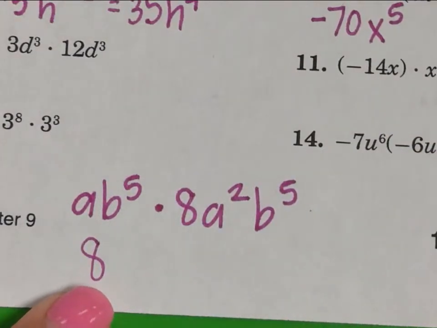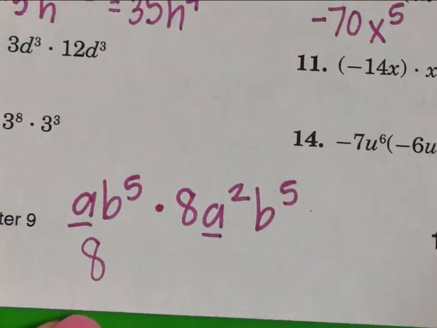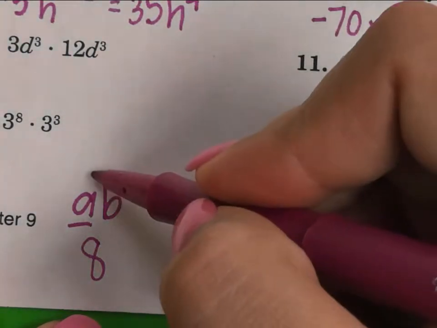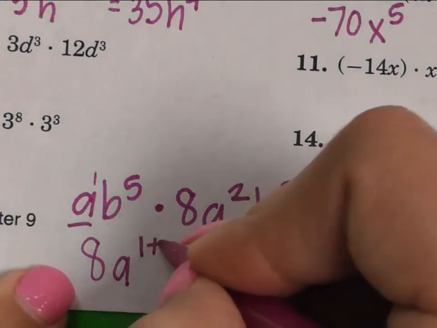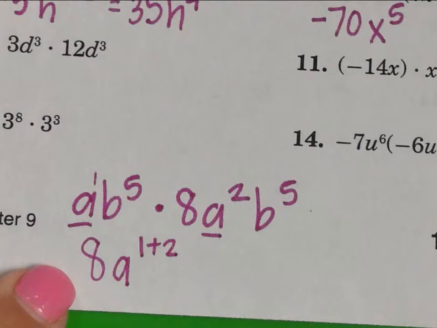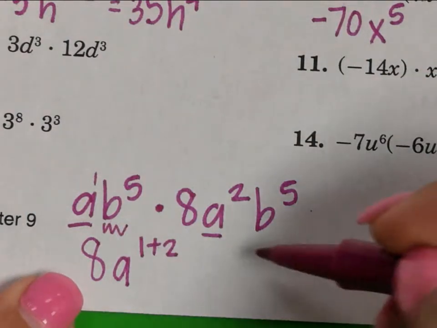And then what about my A's? Do I have a same base with my A's? Yeah. So I can combine the A's. So that means I really have an a to the first, right? So I say a to the 1 plus 2. And then do I have the same base of a b? Yeah.